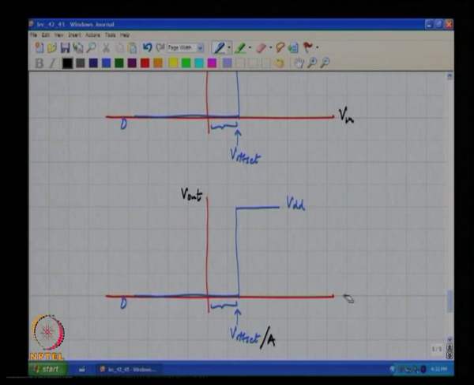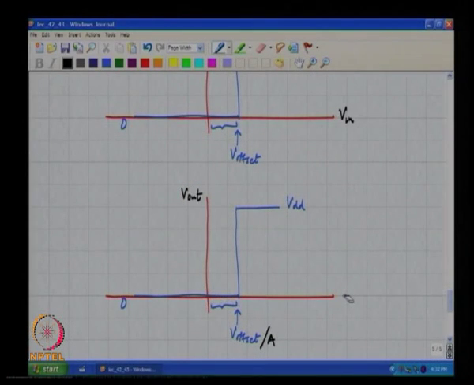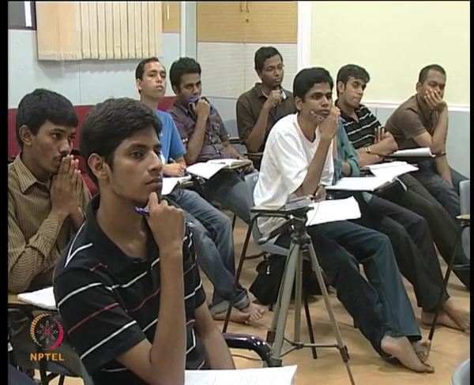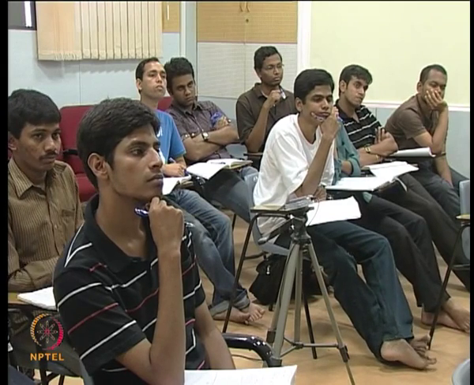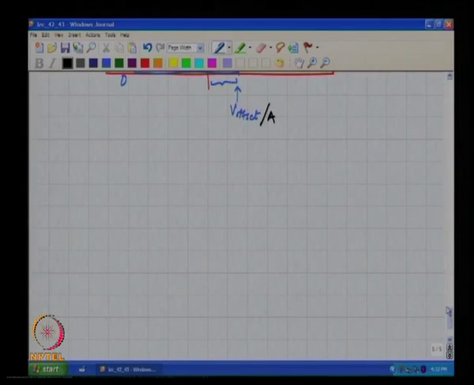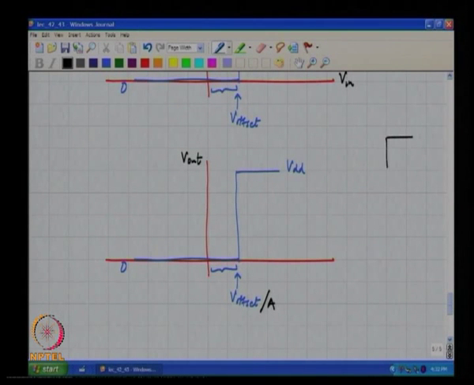If you want to take this characteristic and move the trip point from V offset to V offset by A, what do you think you can do? Yes, the input should be amplified. Yeah. So, in other words, what you should do is not use this latch as is. This thing has got some offset.